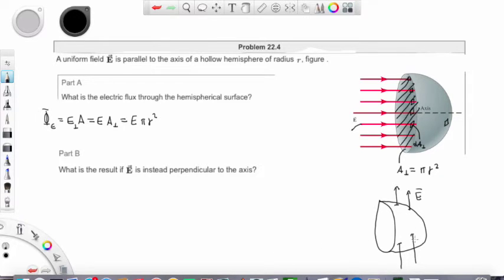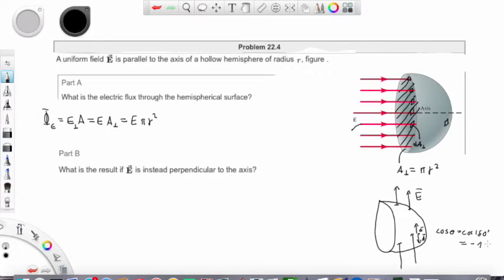Now the definition is that any ingoing flux is negative because there the E vector and the area element vector are opposite. And so the angle between them is 180 degrees.